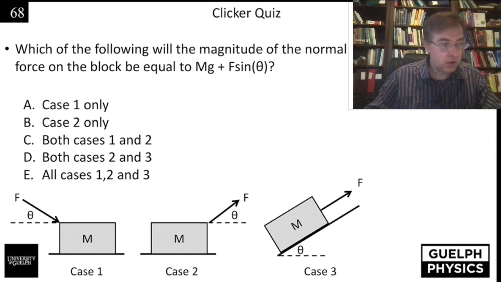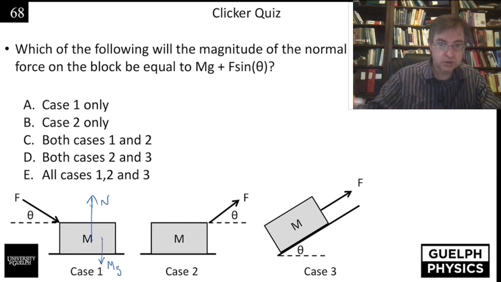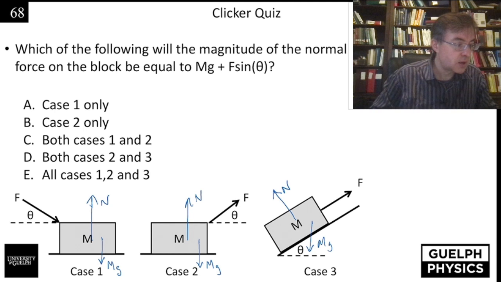So this is a free body diagram problem. I can draw in the normal force acting on the mass and gravity acting on the mass, plus the external force F. The mg acts downwards, but the normal force is normal to the surface, so it acts in this direction.